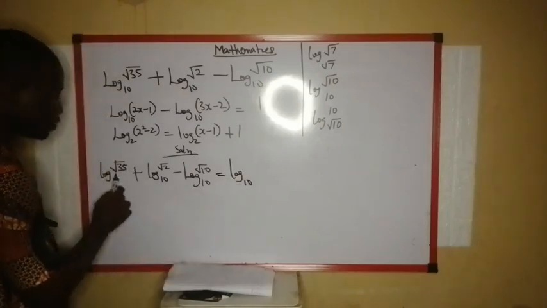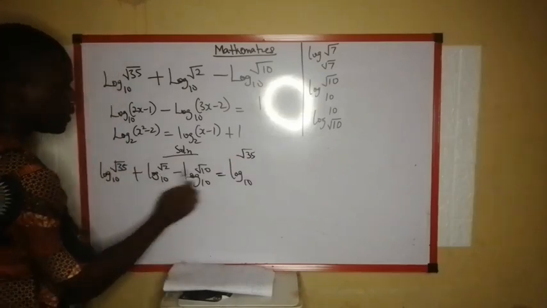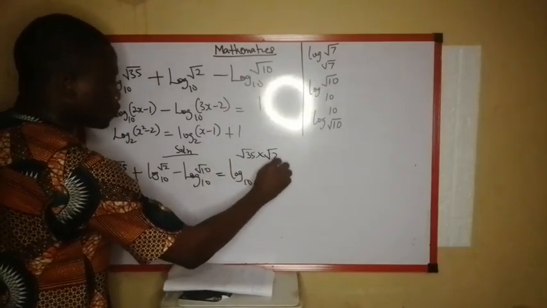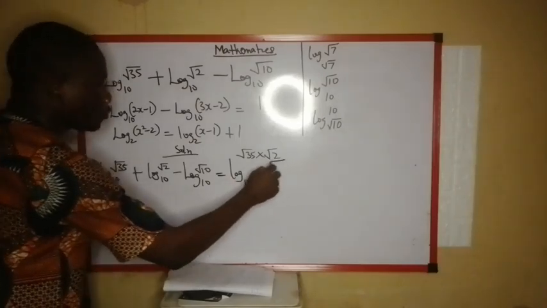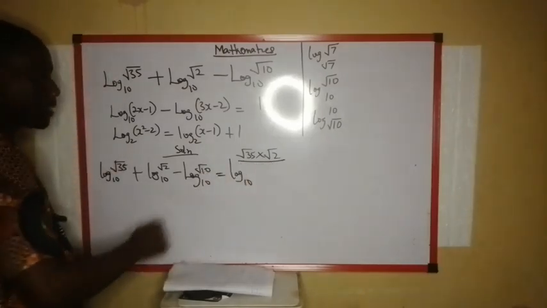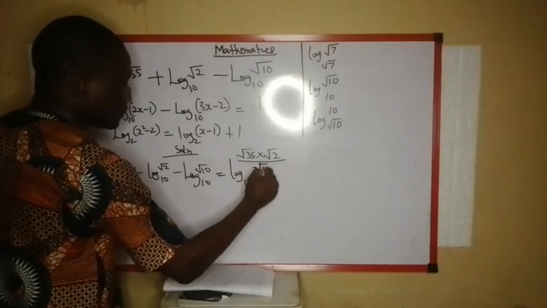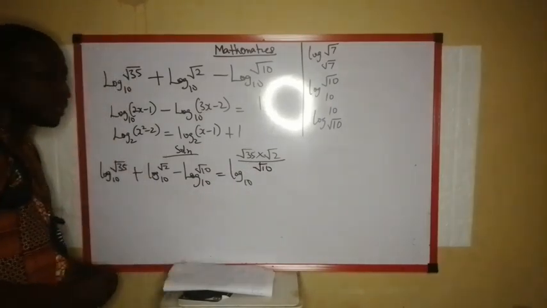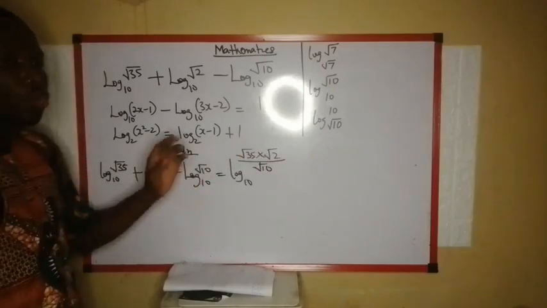So in this case, we are going to write log base 10. What we have here is root 35, times what we have here, root 2, and now, after having root 35 times root 2, we are going to divide it by root 10 because this is subtraction. So now we have root 35 times root 2 divided by root 10.